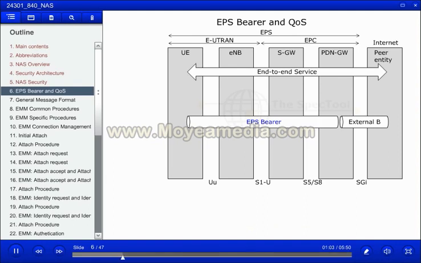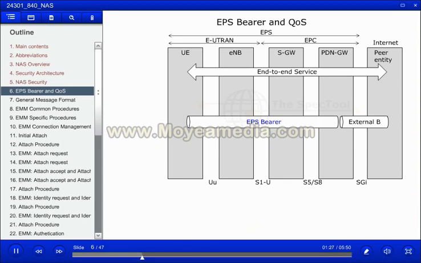The quality of service solution for the external bearer will in many cases be beyond the control of the mobile operator and built on techniques developed by IETF, like diff-serv and MPLS.